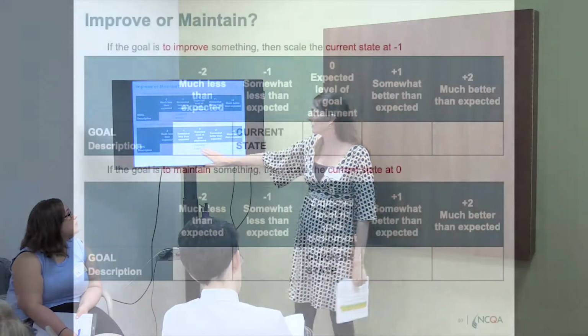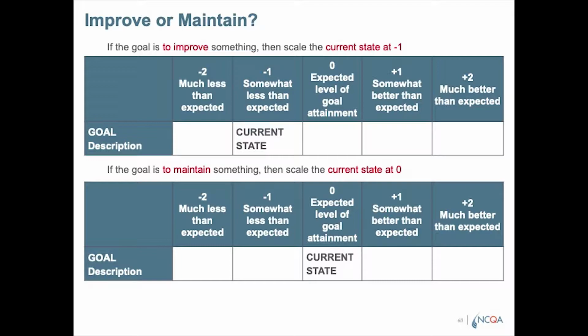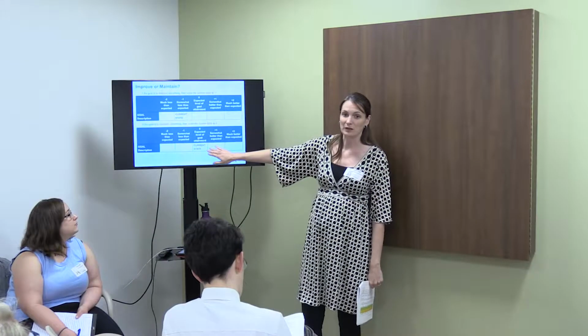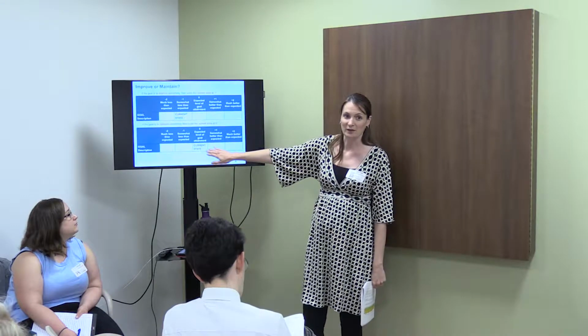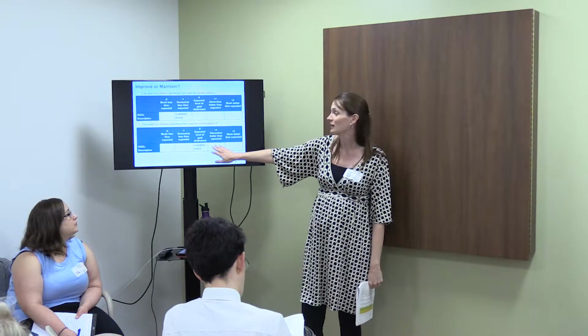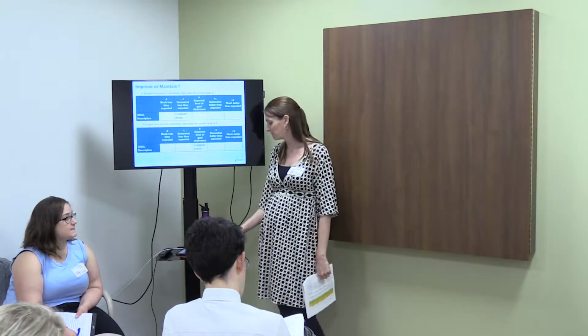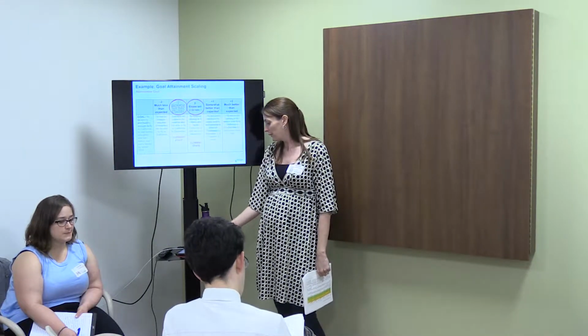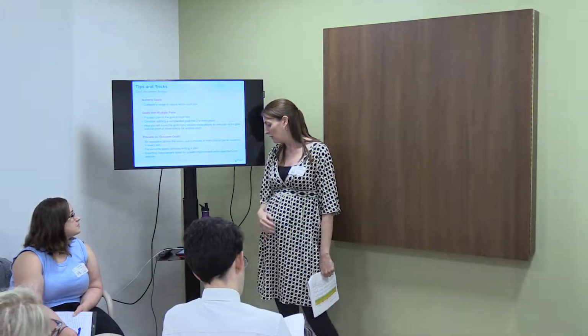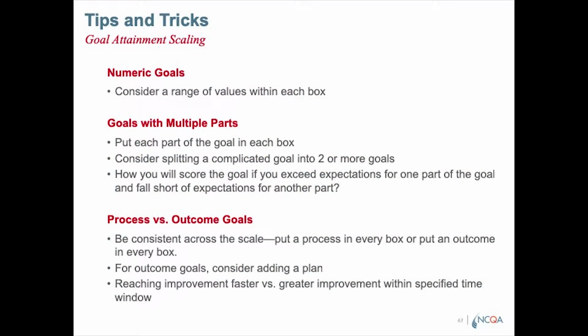I wouldn't want to put, my expected is go to my lesson 3 times a week, and better than expected would be to play a piano song, because what if I can play a piano song, but I only went to lessons 2 times a week. So those are just some of the common things that we often see, to try to help you keep focus.